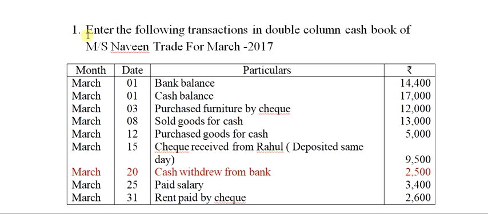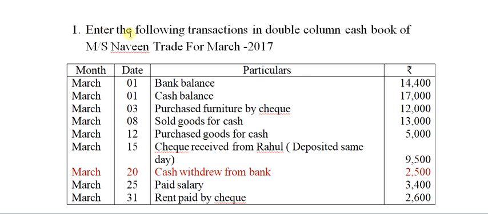Whenever the cash or bank balance decreases, that should be taken under the credit side. So as per the asset rule, debit increases and credit decreases.